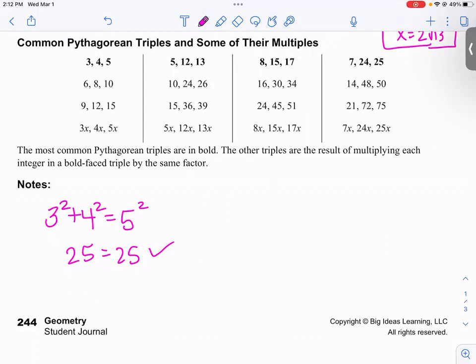Okay. To make a right triangle, it has to satisfy the Pythagorean theorem. Now what if we put it in the Pythagorean theorem and it doesn't work? We can actually decide whether we have an acute, a right, or an obtuse triangle.